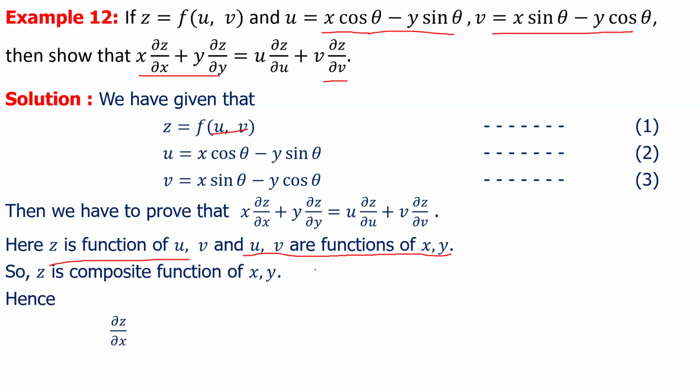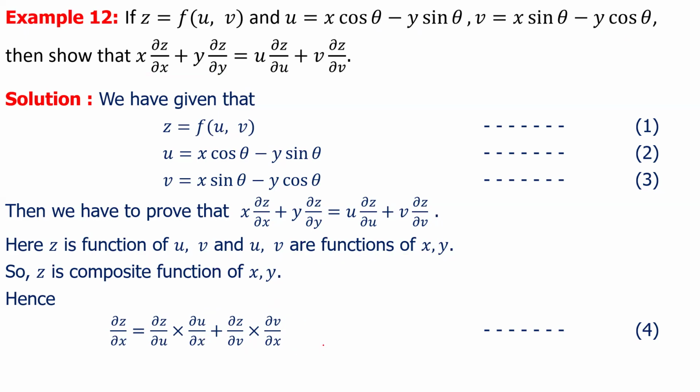Therefore, del z del x can be written as del z del u into del u del x plus del z del v into del v del x. Give it equation number 4. Similarly, del z del y is del z del u into del u del y plus del z del v into del v del y.